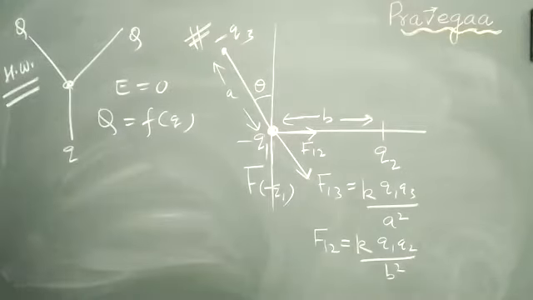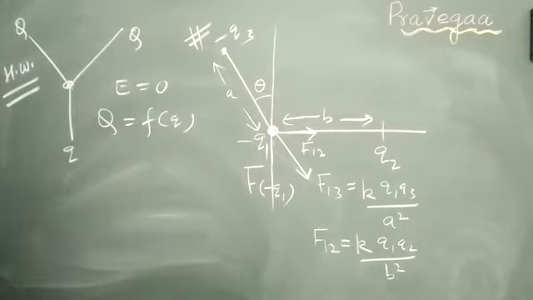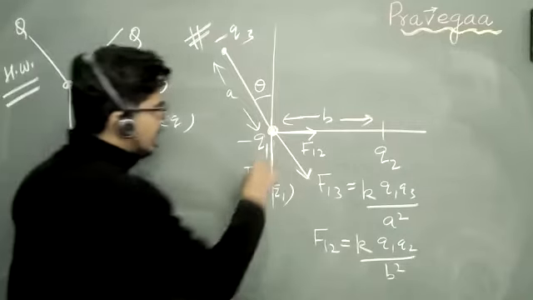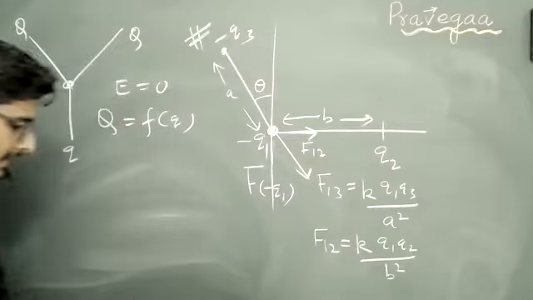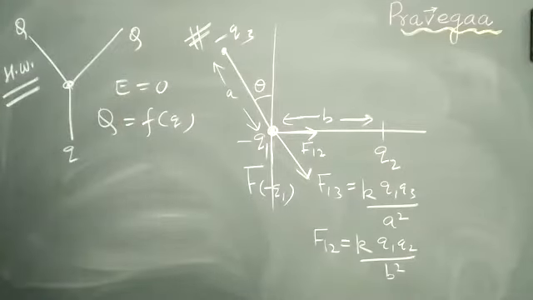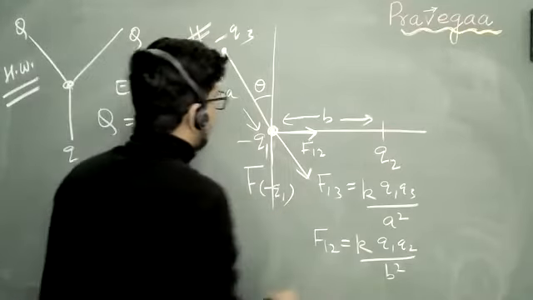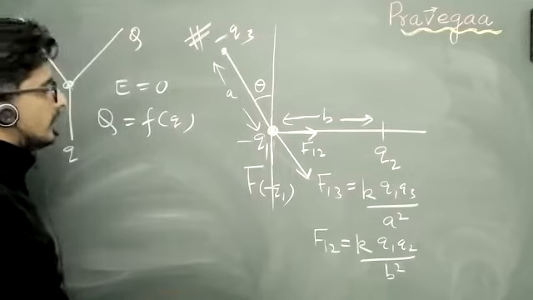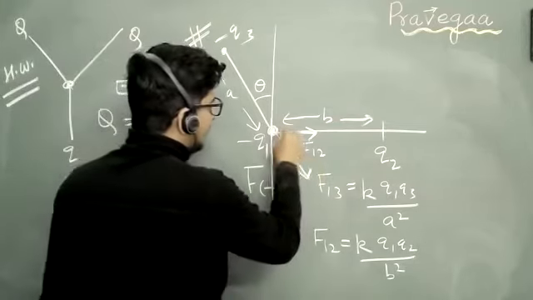There is a general confusion. Will I put a minus sign here? Tell me. No, sir, because I have already included that in the direction. They are opposite charges, so they will attract each other. Yes. Okay. So now we have how many forces? 2 forces. One is in this direction and another one is in this direction.